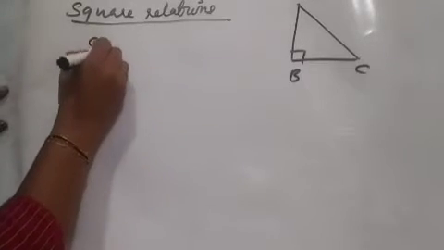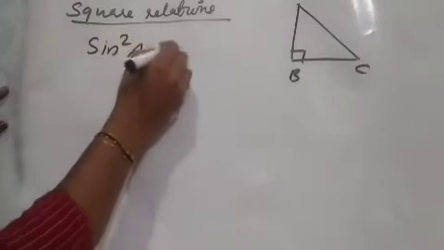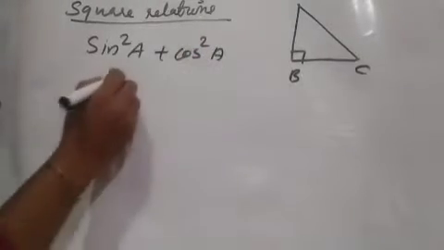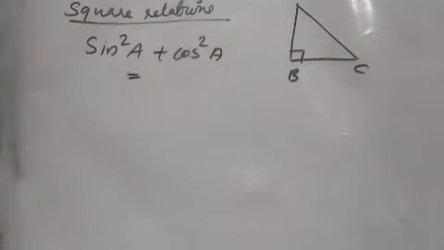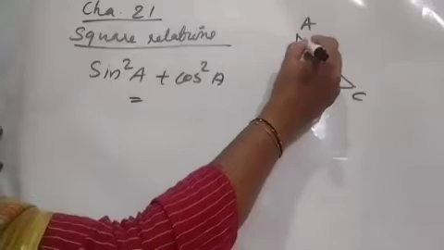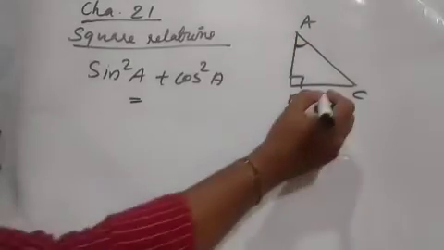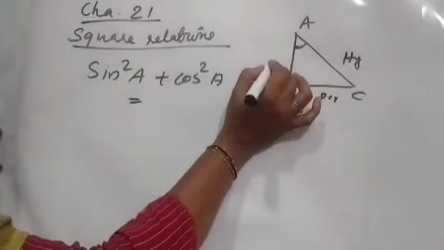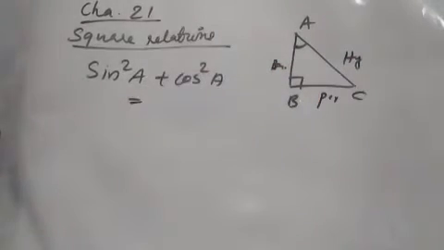Let us find the square of sine and cos and add them. Look at this triangle ABC. Sine A, this is the angle of reference. Sine A is the perpendicular by hypotenuse, no? And cos A is base by hypotenuse.